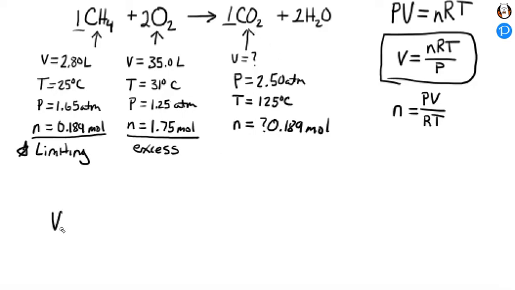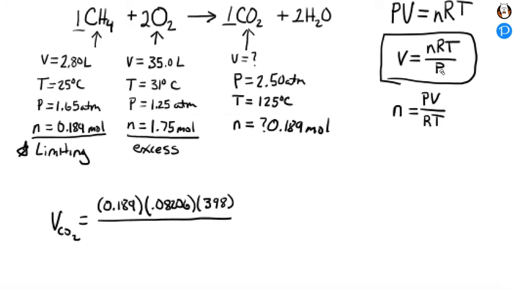So volume of CO2 is equal to n, which is 0.189, times our gas constant, 0.08206, times the temperature, 125 degrees C plus 273, which gives us 398, all over our pressure, which is 2.5 atmospheres.